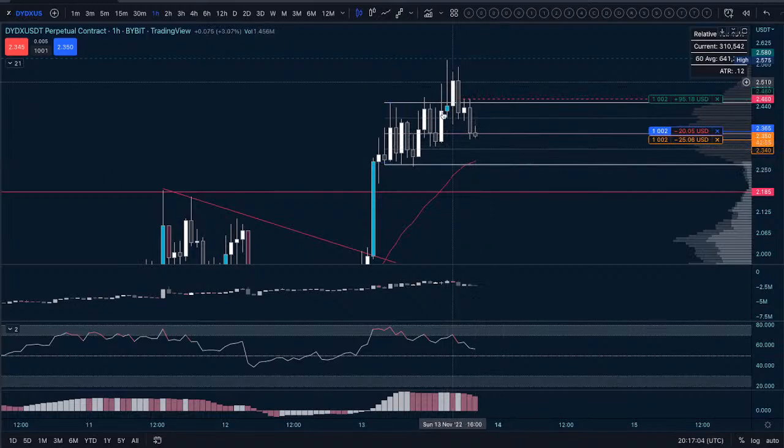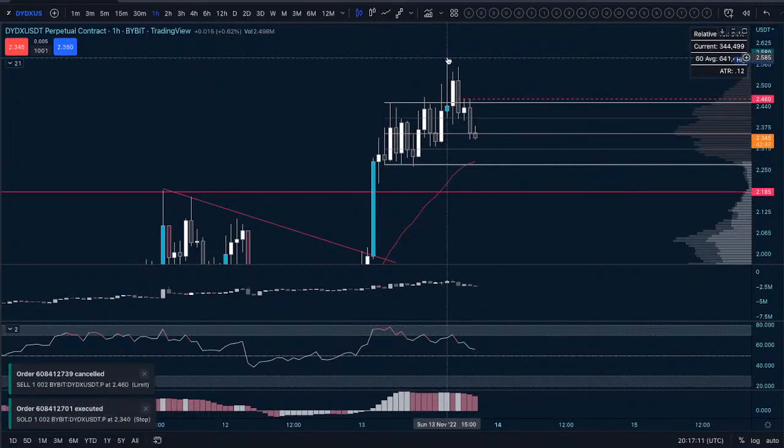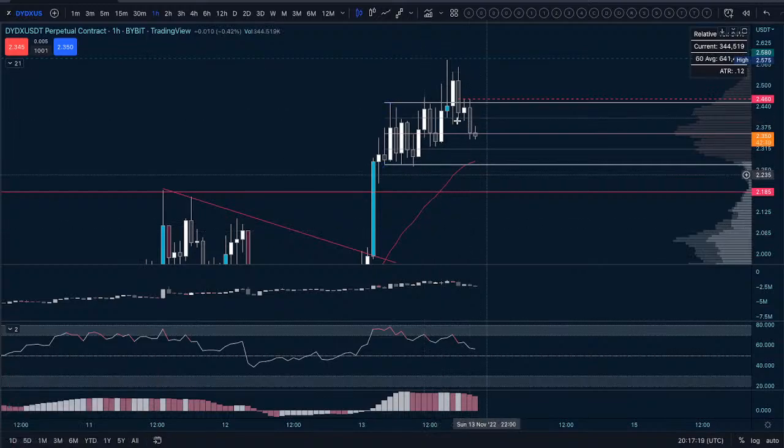Where's our invalidation? We don't know. If I'm short, my invalidation should be there. If I'm long, I don't know where it is. Maybe here. Not even this is enough for me. Where's my pen tool? It pisses me off. Just a sec.